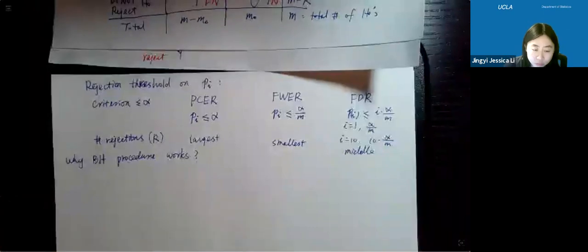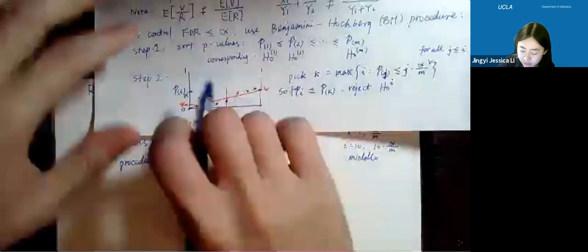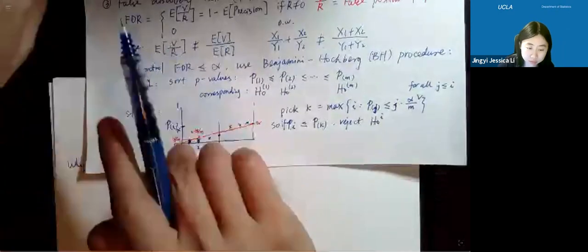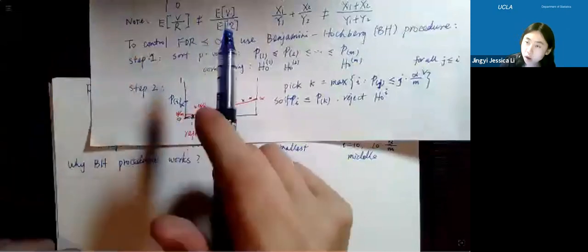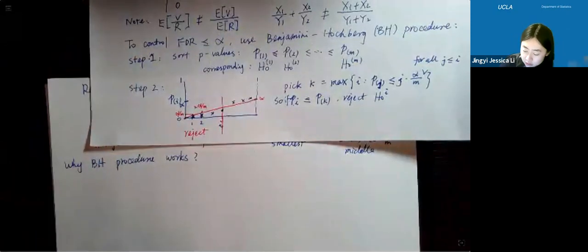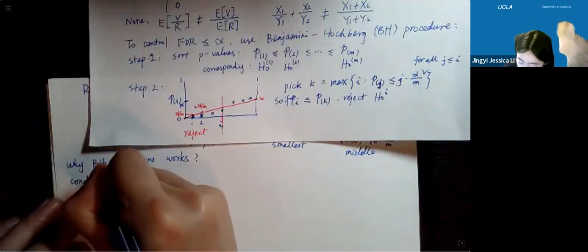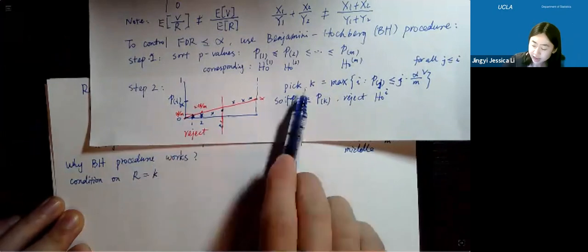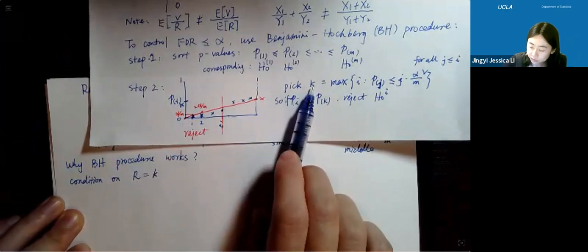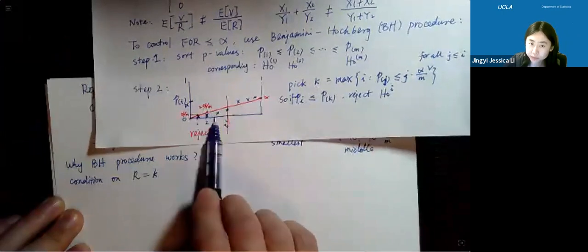To do that, we first need to analyze this ratio, the expectation of V over R. We are going to do a conditional argument to make it simpler. We condition on R equals k, because k is what we picked, which means that we will reject the first k sorted p-values.